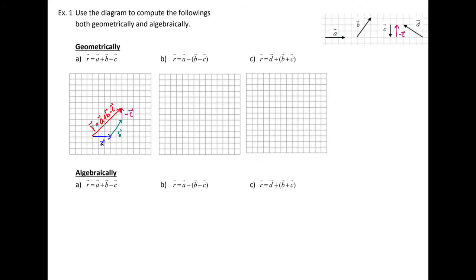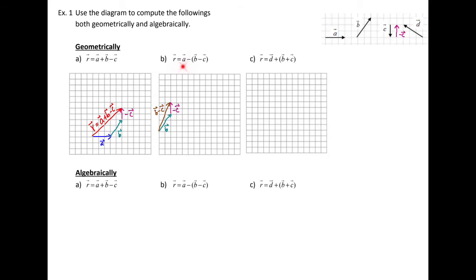Part B, we want to find a vector R that is A minus bracket B minus C. Since there's a bracket, we have to figure out what vector B minus vector C is first. So let's draw vector B on the diagram, and we draw a vector negative C. We're going to add them to create a brown vector, vector B minus vector C. Then we're going to figure out what vector R is.